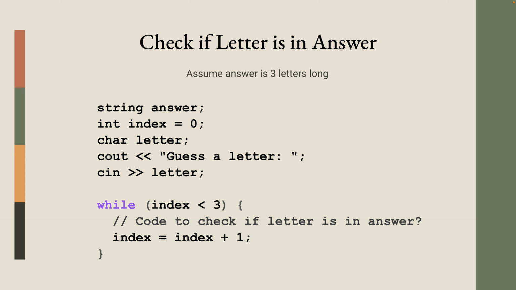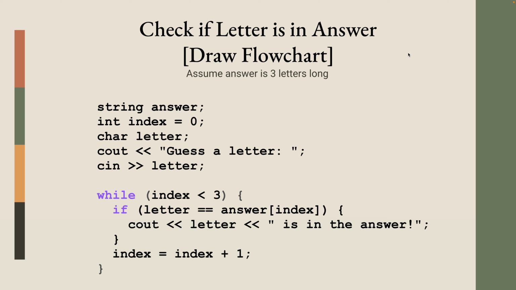So we're on the right track. If letter is equal to what? Okay, what about the answer? So the letter's never going to be equal to the entire answer. Yes, one of the characters in the answer, so the index. So if the letter that the user guessed is equal to, before we were just printing out answer of index, right? Now we're just checking if they're actually equal, and if it is, then we can say the letter is in the answer.